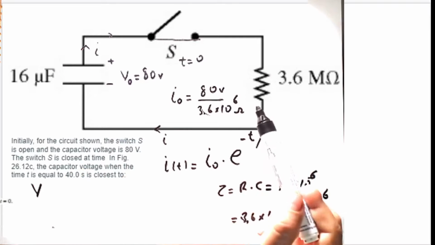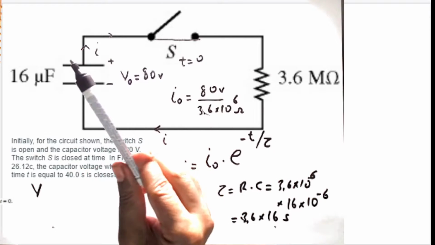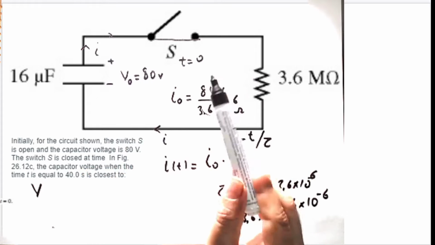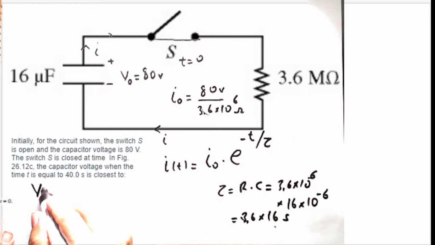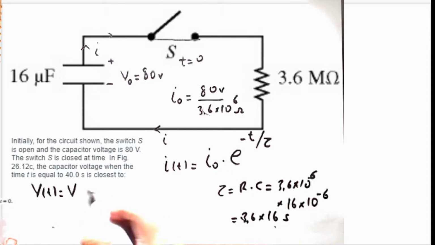So the voltage equation for the discharging circuit is in the same format. Instead of I, we use V. V equals V0 multiplied by the exponential factor e to the minus t divided by tau.